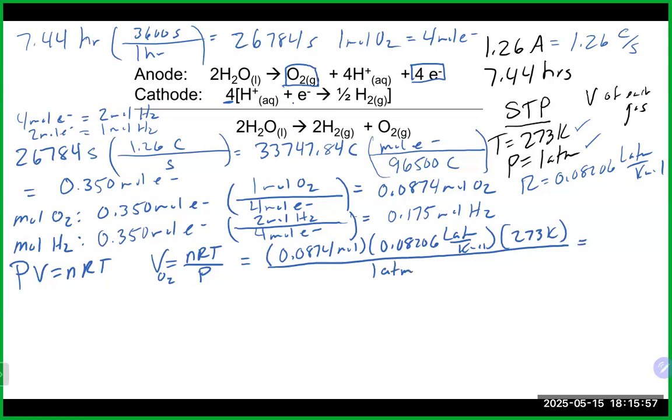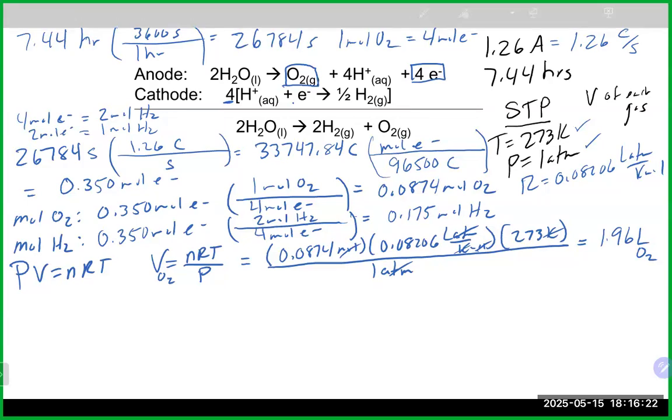That is going to get us for oxygen collected about 1.96, and these are liters, as Kelvins cancel, atmospheres cancel, moles cancel, leaving just liters of O2.